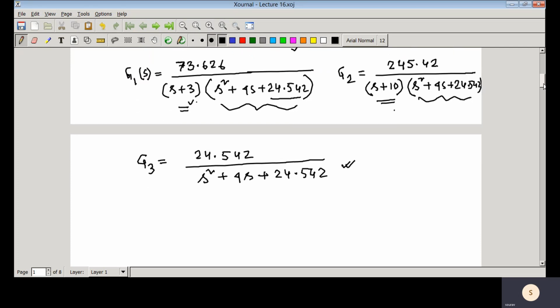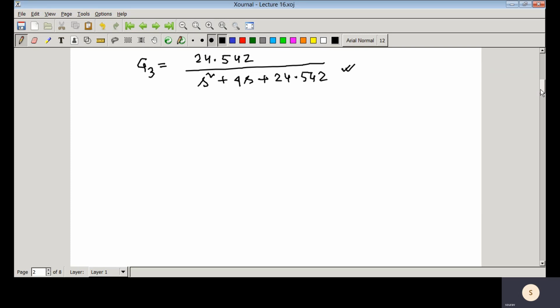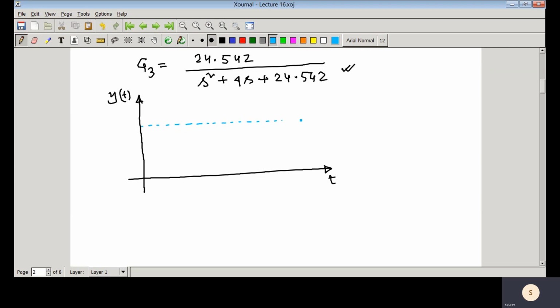So now let us see what would be the time response. If you plot the outputs obtained from these three transfer functions, so that is t, and here you have y(t), and suppose this is the applied input 1.